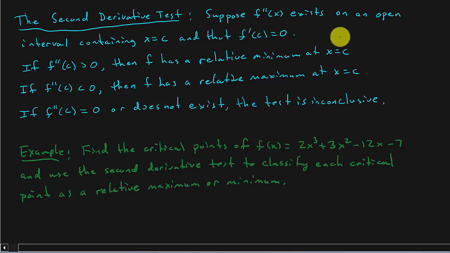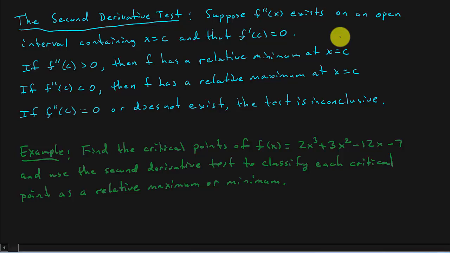Suppose f double prime exists on an open interval containing x equals c, and that f prime of c is equal to 0. If f double prime of c is positive, then f has a relative minimum at c, and if f double prime is negative, then f has a relative maximum at c.